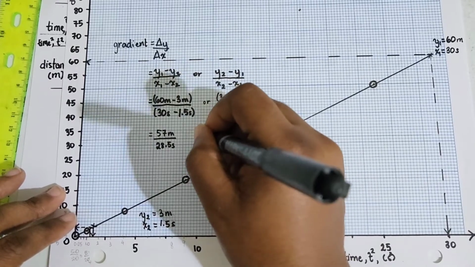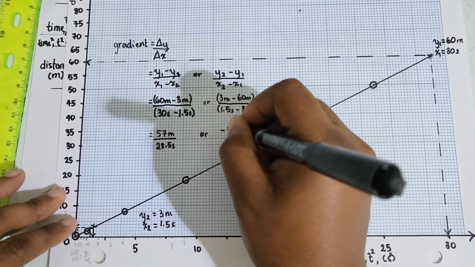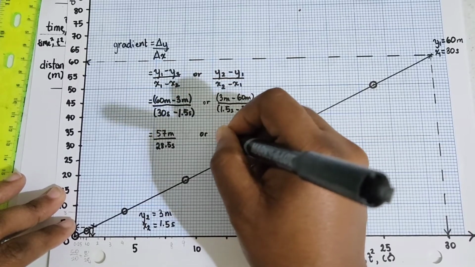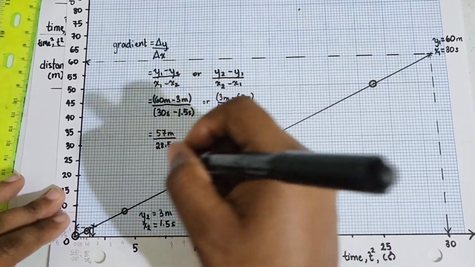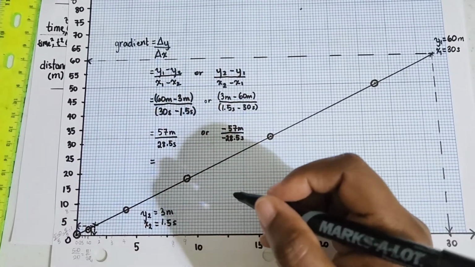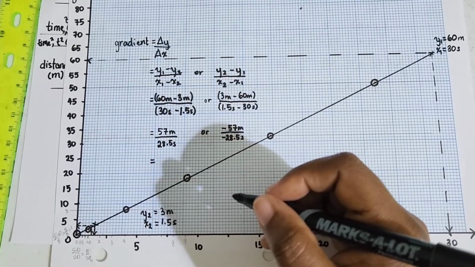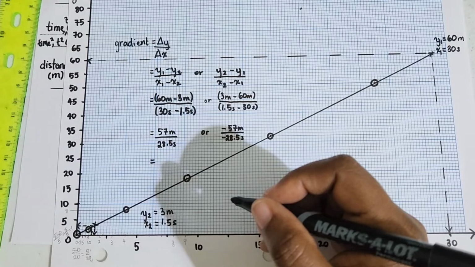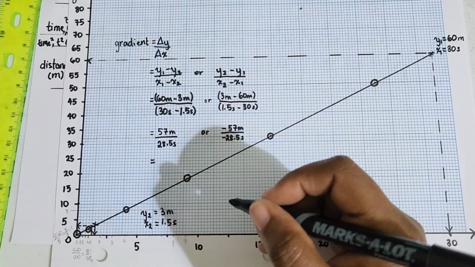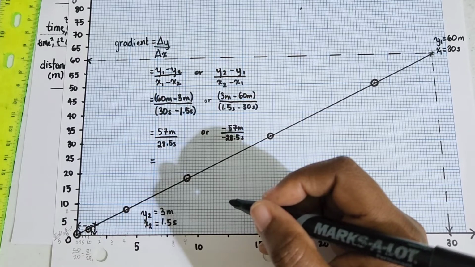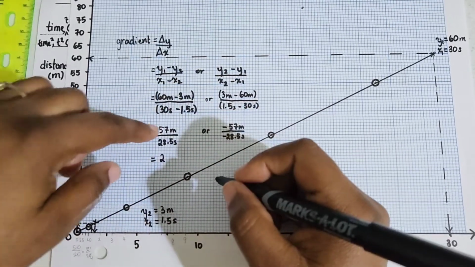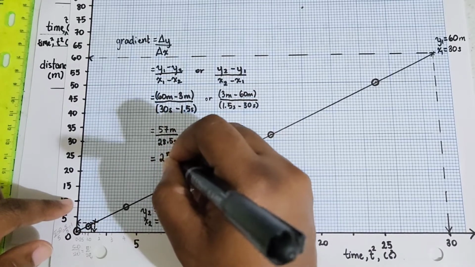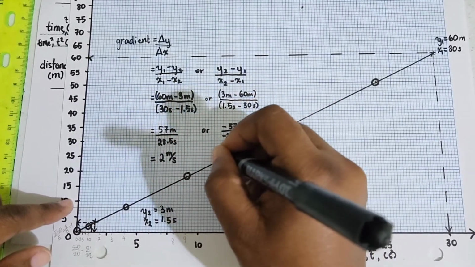Or you will get negative 57 meters divided by negative 28.5 seconds, and that's going to give you a positive number. So if you divide 57 by 28.5, you will get 2. So I got 2, and let's not forget the units, which is meters per second. You will also get 2 for this one.